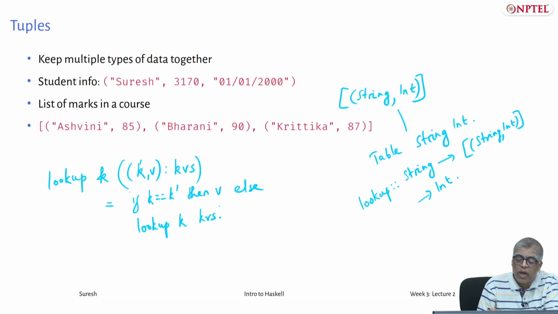KV is key values. The first key value is some k prime comma v, and I am looking up the key k. If k equals k prime, I will return the corresponding value. Otherwise, I will look up k in kvs.